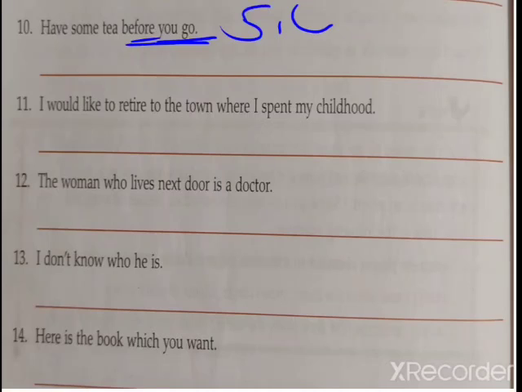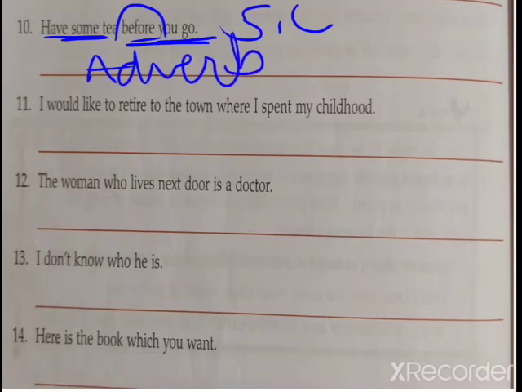And before you go, which action will happen? Have some tea. Have some tea is an action. So this before is saying about the action. So it's known as an adverb clause.